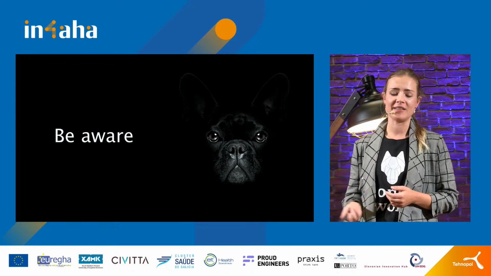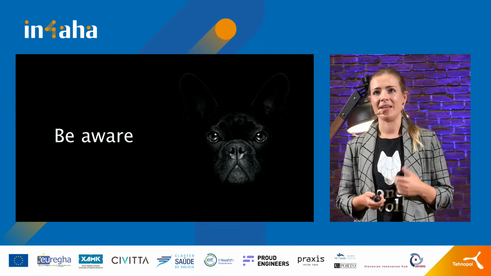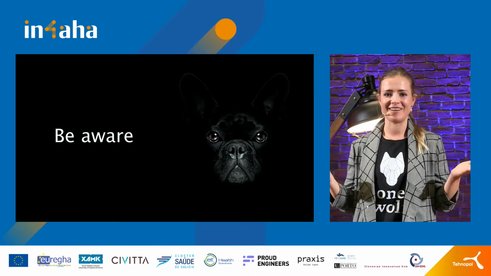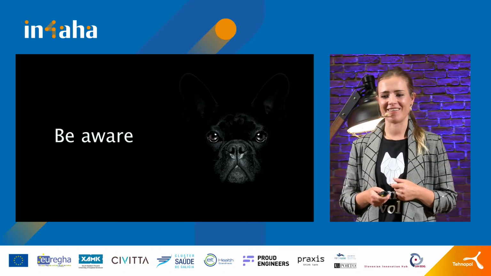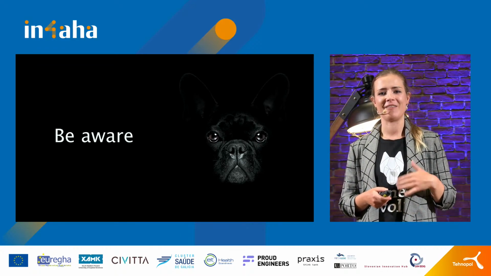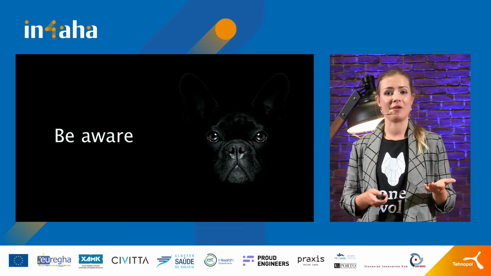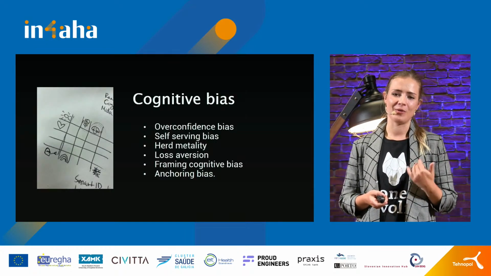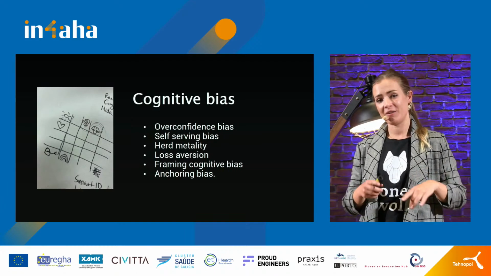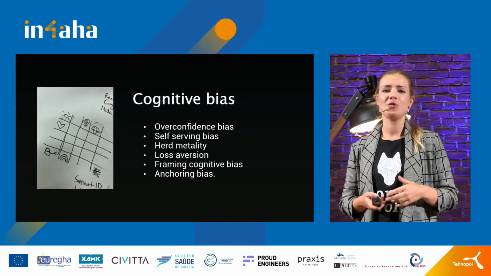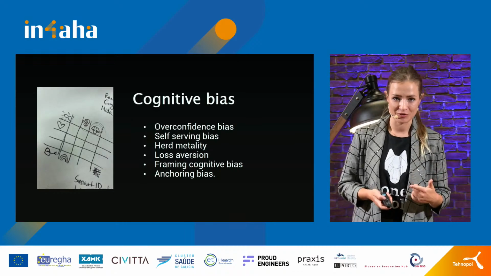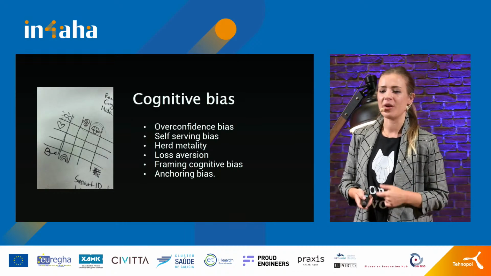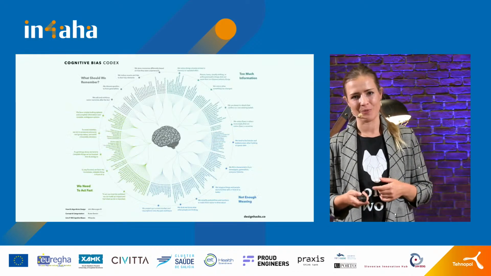And whilst doing this stakeholder engagement in all directions, something that I like to highlight is to be aware of our own cognitive biases. But you can flip it around and also pay attention to your end users' cognitive biases. So what are cognitive biases, for those who don't know?